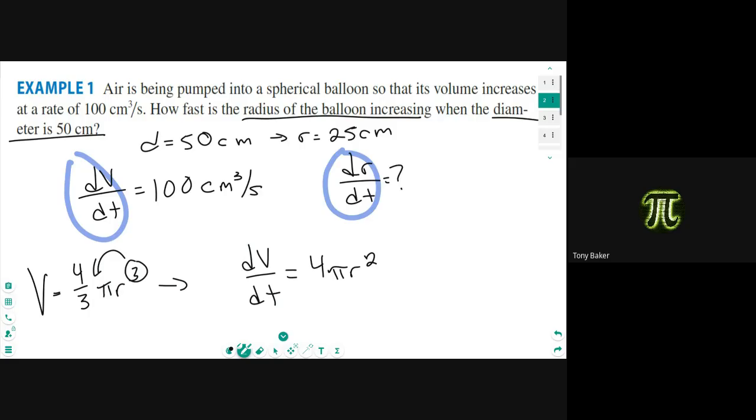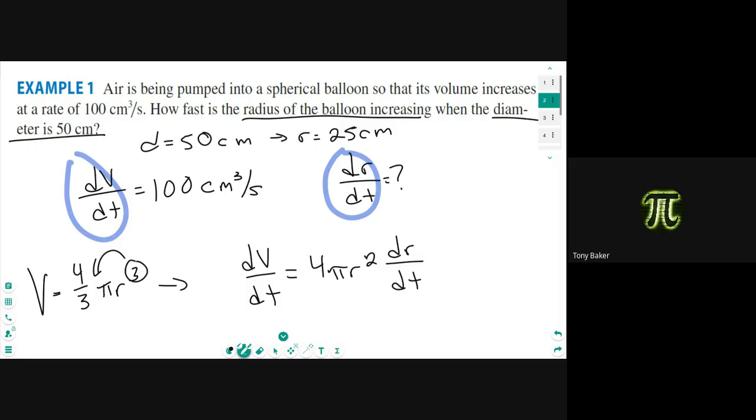Remember, we're differentiating based on t, not r. So I also need the dr dt. All right. Everybody with me to that point? That's the hard part. Everything else after this point becomes easy. Everybody understand where the dv dt comes from? Everybody understand why I have dr dt?